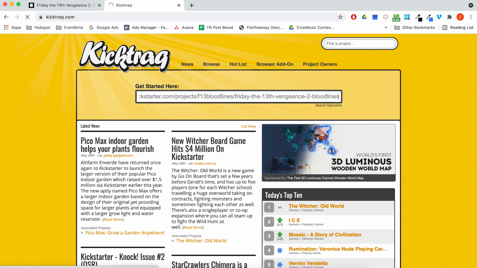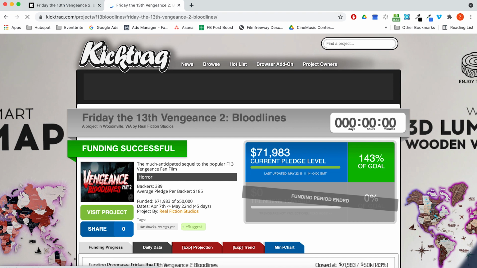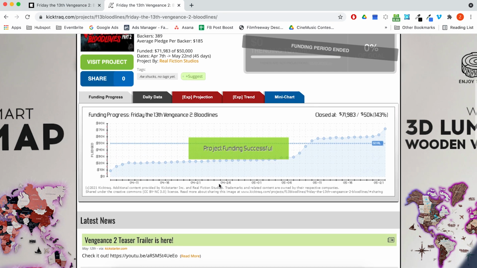And now what this website does is it basically shows you some more great analytics about how this project was funded, right? And this is actually a very, very interesting graph over here, because what you can see is they got to 20K funded very, very quickly, right?